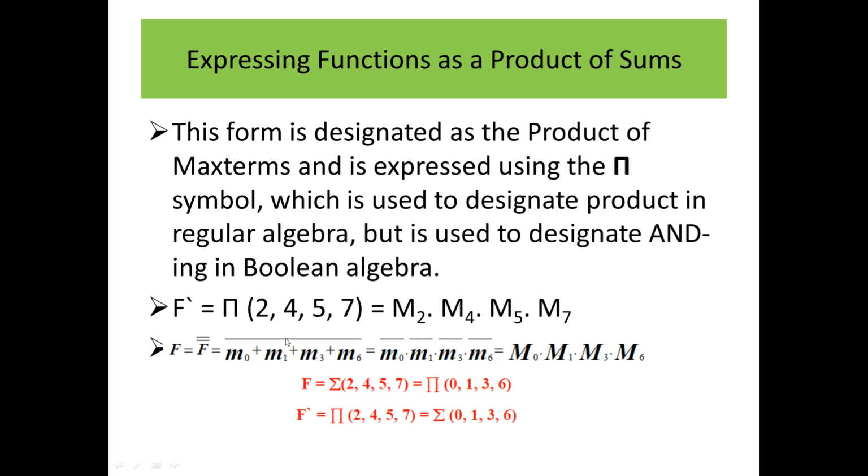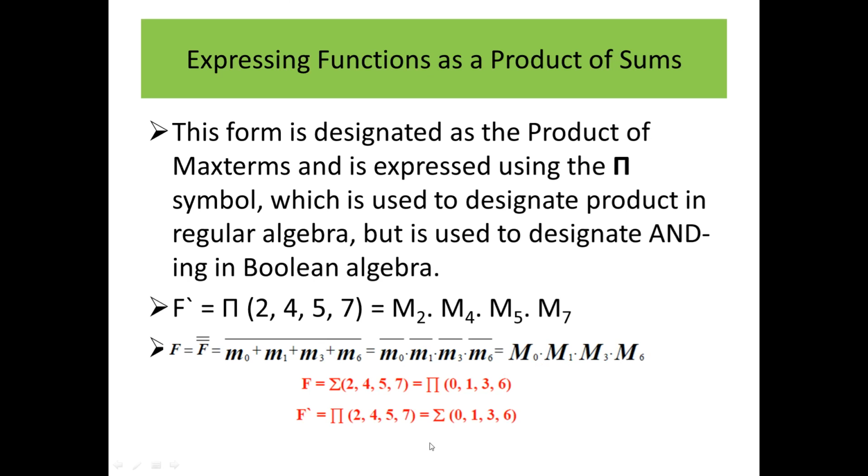See students, when I break the bar and change the sign, here it was plus, it became AND. So I break the bar and change the signs, and it will become Maxterms, that is M0, M1, M3 and M6.